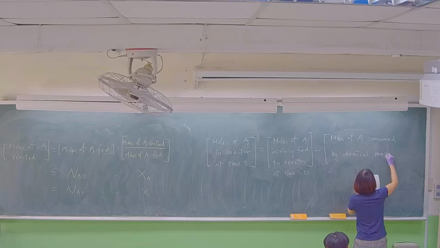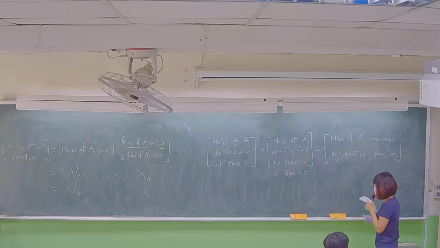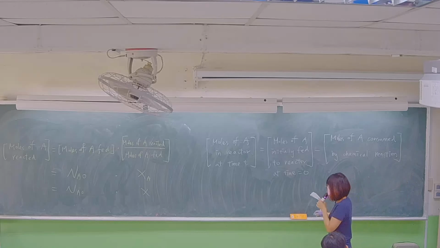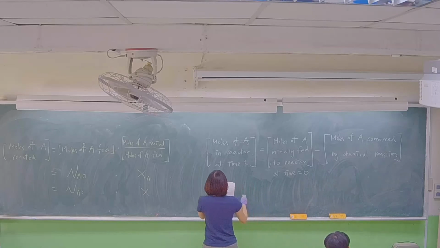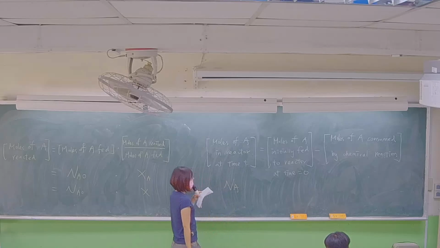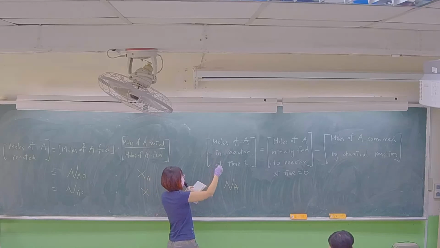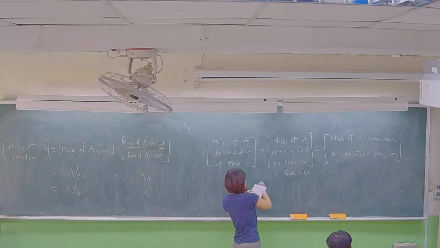So that is the full description, how to have a symbol form. Moles of A in reactor at a time t is Na. Any time t, the moles of A in reactor, Na.